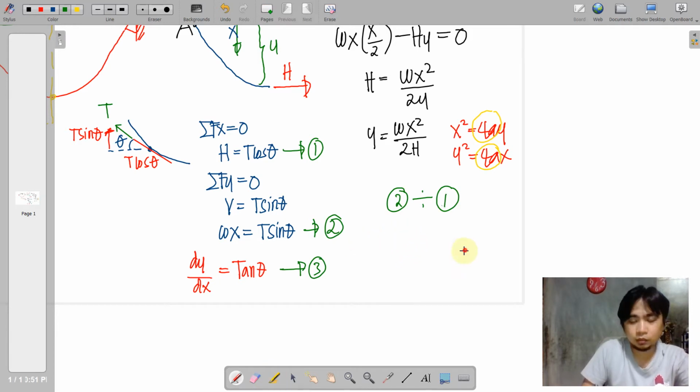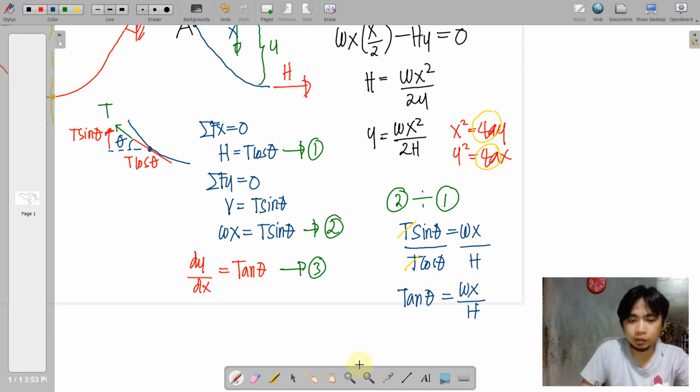By doing that, we have T sine theta over T cosine theta is equal to Wx over H, so that T is cancelled.